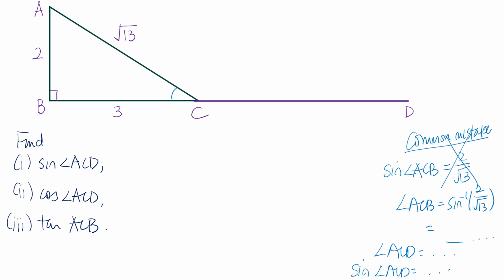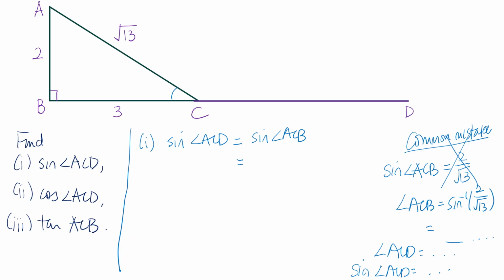So this is where we need to make use of what we have learned earlier on. We learned that the ratio for sine angle ACD is the same as for sine angle ACB. Sine theta equals sine of (180 minus theta).